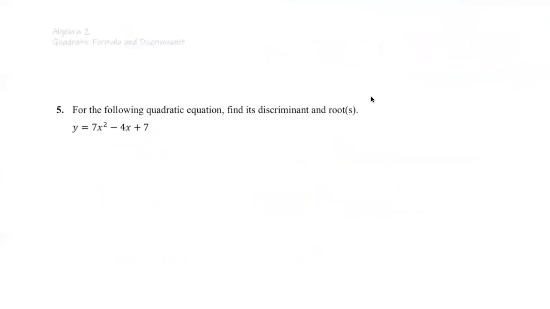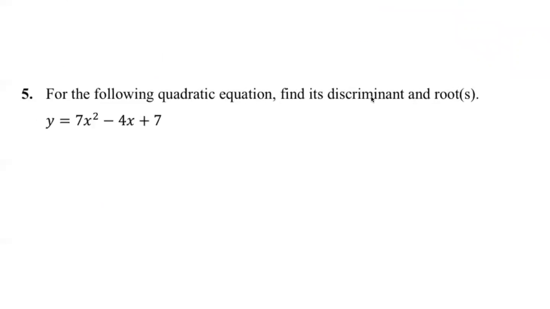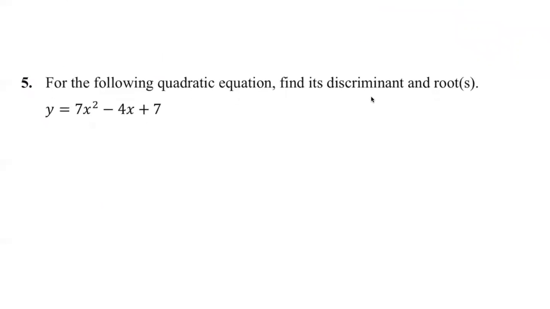And then let's take a look at number 5. All right, number 5. We will find the discriminant and also the root or roots. So a is equal to 7, b is equal to -4, and c is equal to 7.